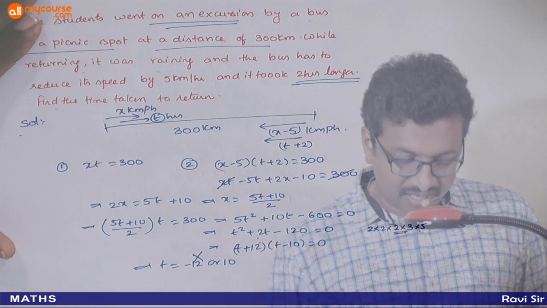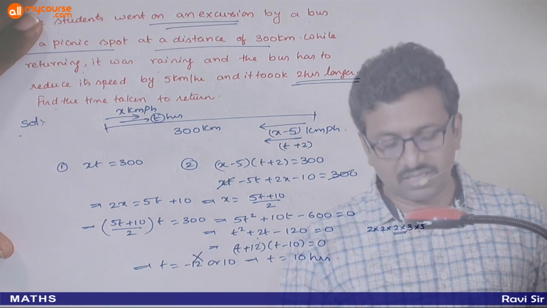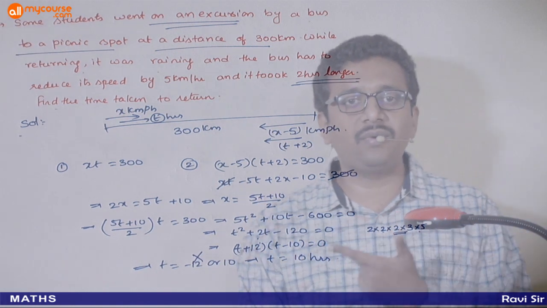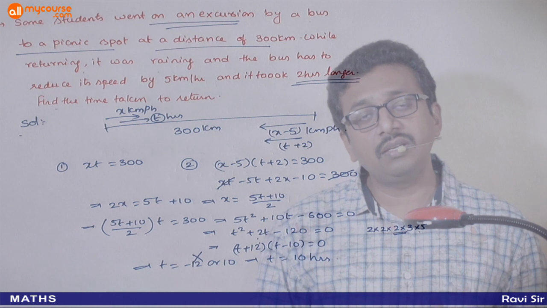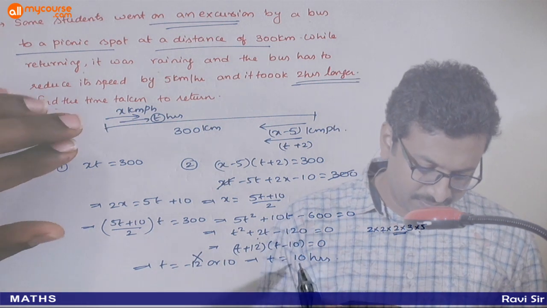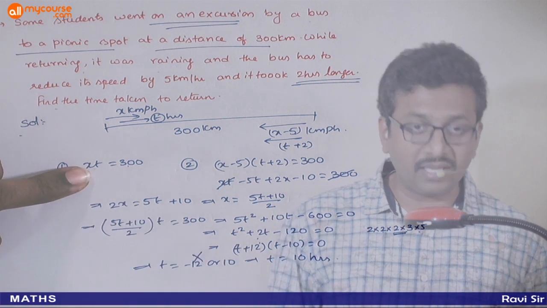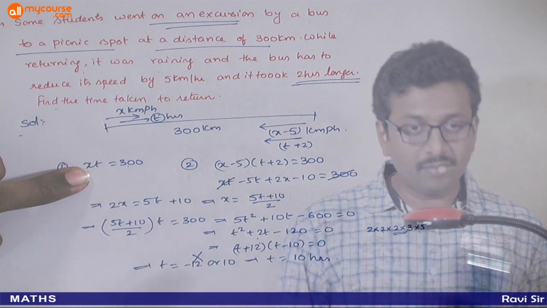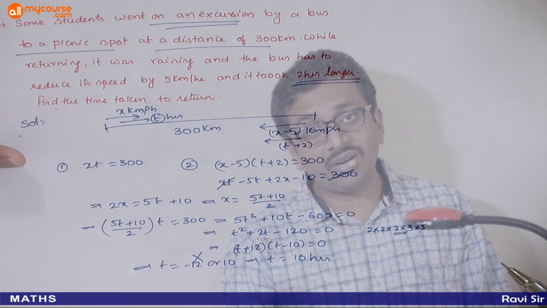Discard minus 12, which implies t is equal to 10 hours. That means the forward journey has taken 10 hours. The backward journey has taken 12 hours. The forward speed x is simply 300 by 10, which is 30 kilometers per hour. The backward speed is 25 kilometers per hour.